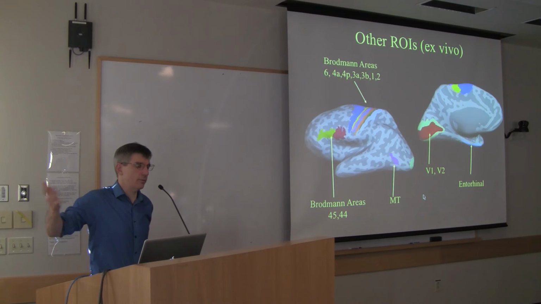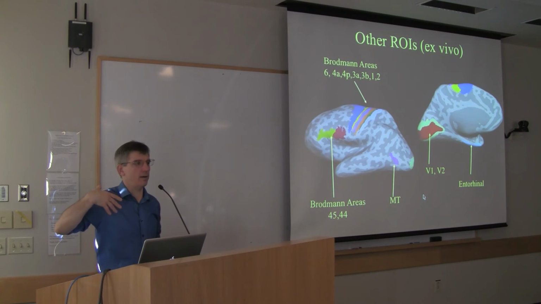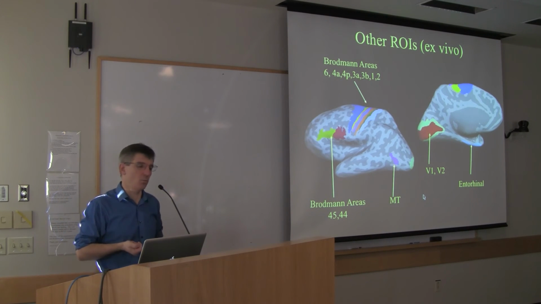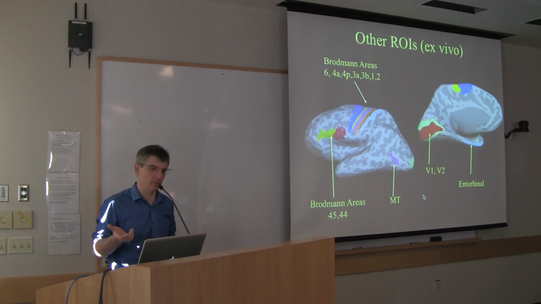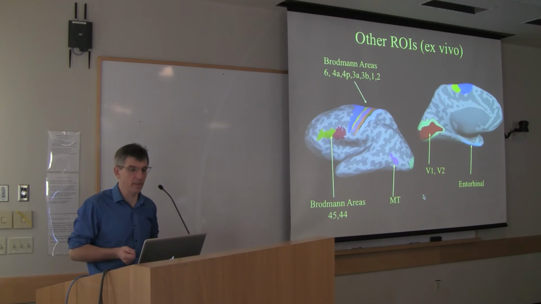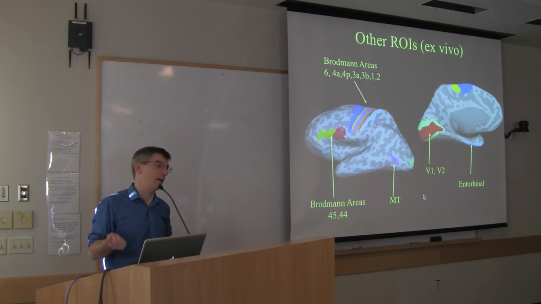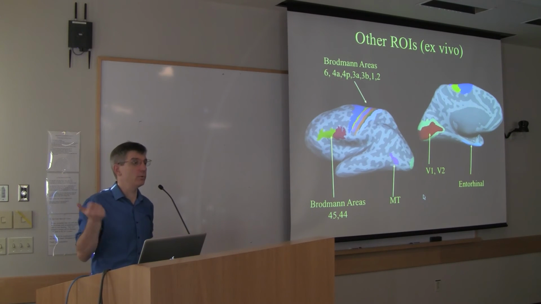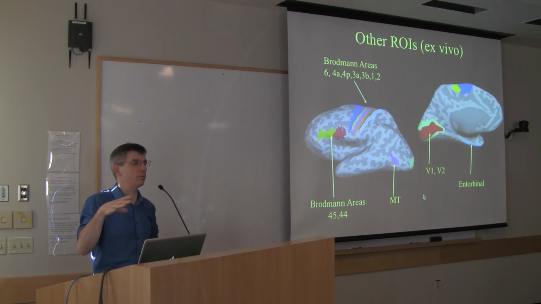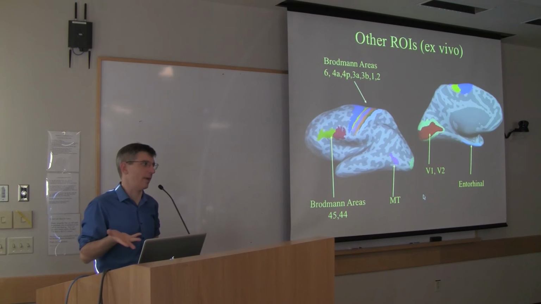So people had died and they scanned their brains, and then they sliced the brains and stained them and figured out which areas were BA1 and 2 and 3A and B and 4A and 4P and 6 and 44 and 45 and MT and V1 and entorhinal and V2. Those were based upon the ex vivo data, mapped onto the surface, and we created a probabilistic atlas for all of these different areas.